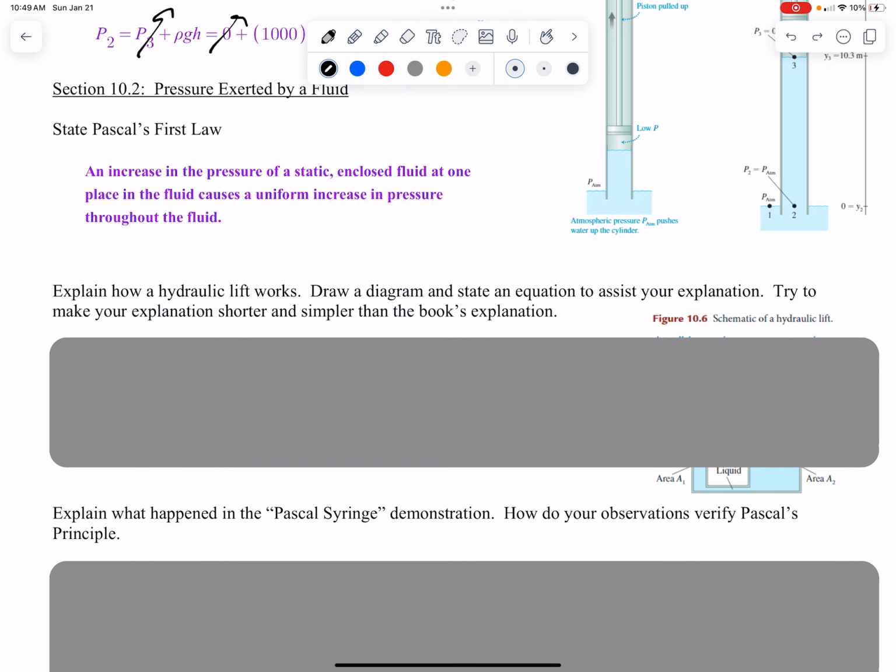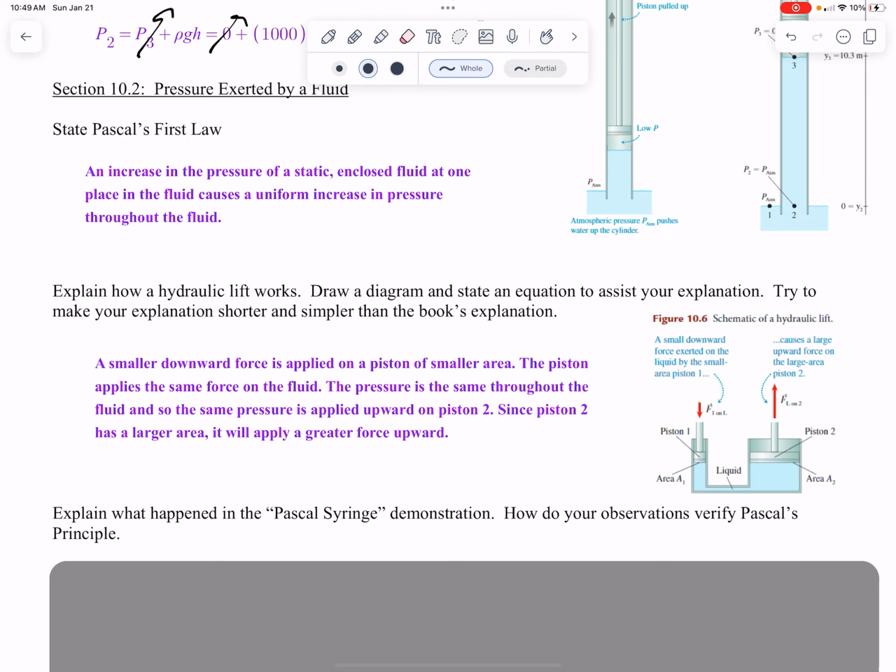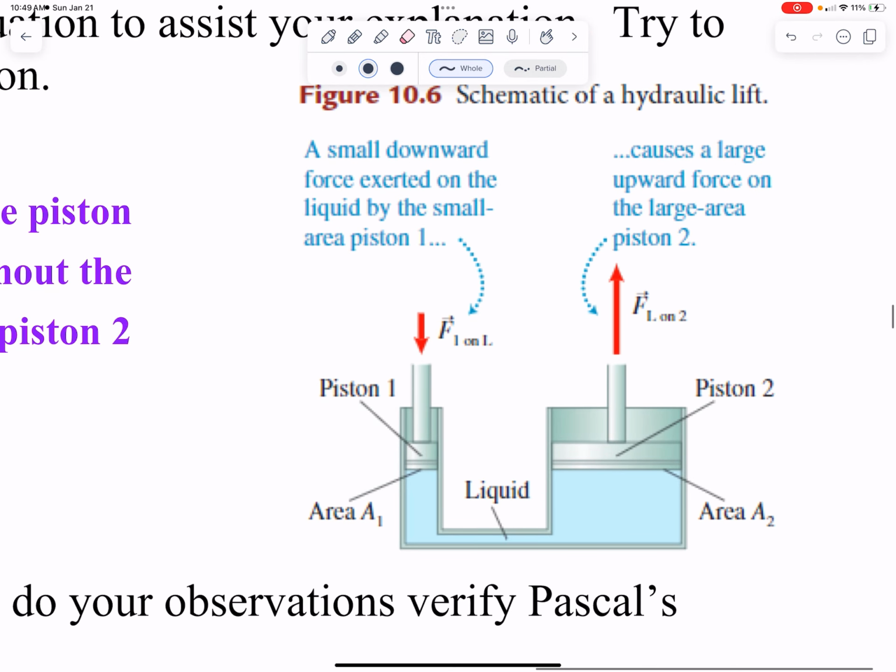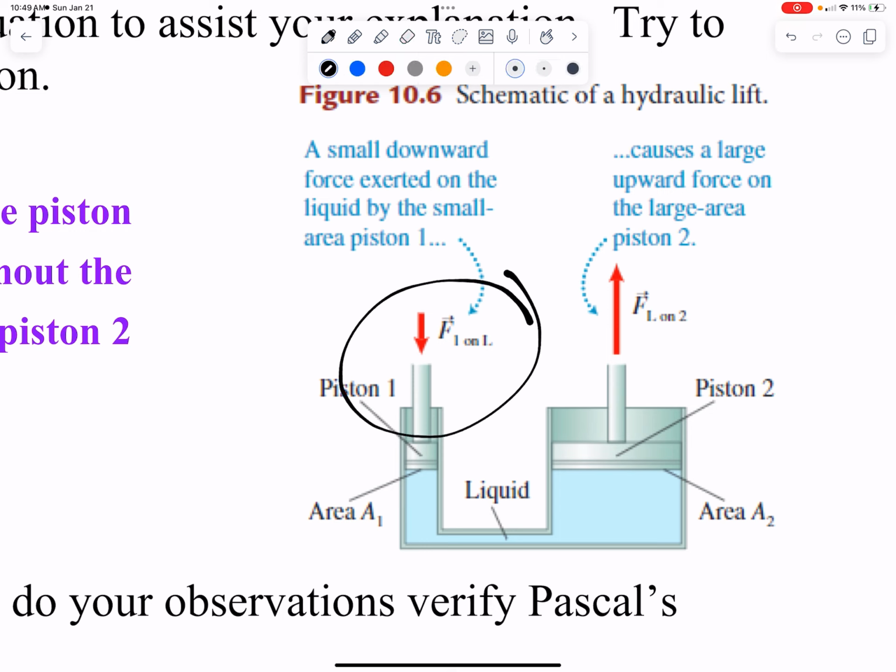We're going to have a little diagram here. Sketch the diagram with your explanation to help. So here's the diagram. We have a small downward force applied on a piston of fluid with a small cross-sectional area. This amount of pressure applied on the fluid is constant throughout.